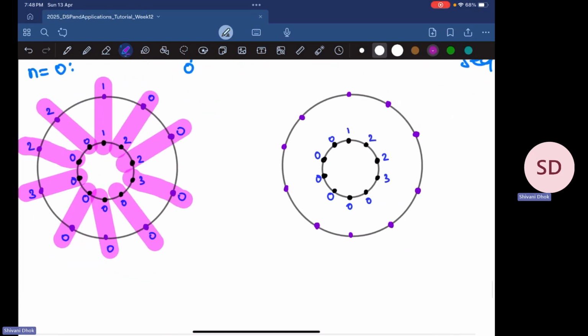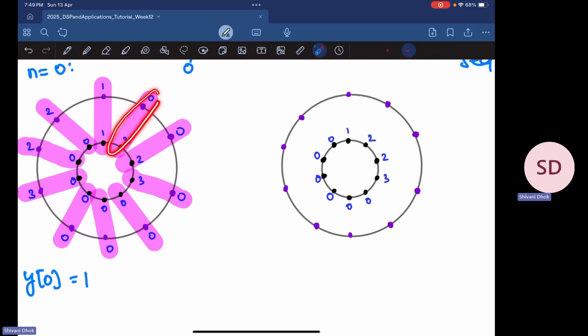Okay, so we get y of 0 as 1 into 1, that is 1. Then we have plus 2 into 0, that is 0. Then again 2 into 0, which is again 0. 3 into 0, 0. Zeros, 0, 0. Then again we have 3 into 0, 0. 2 into 0, 0. And 2 into 0, 0. So y of 0 is equal to 1.